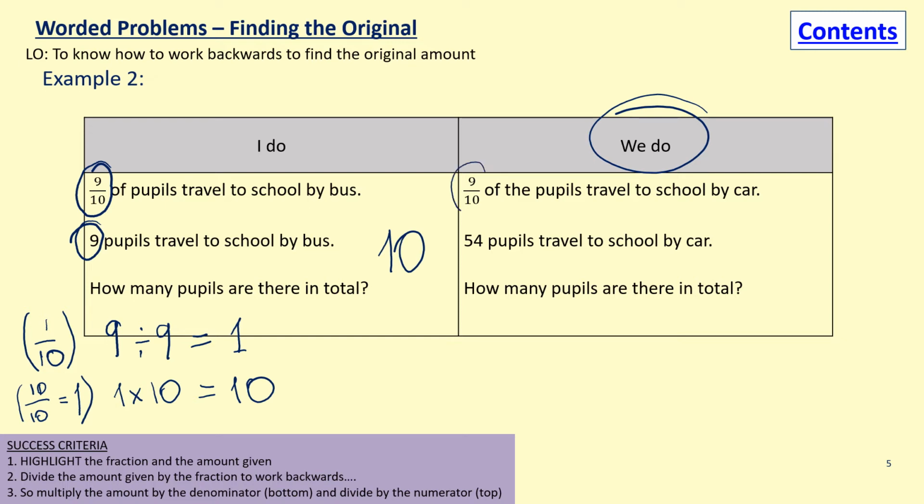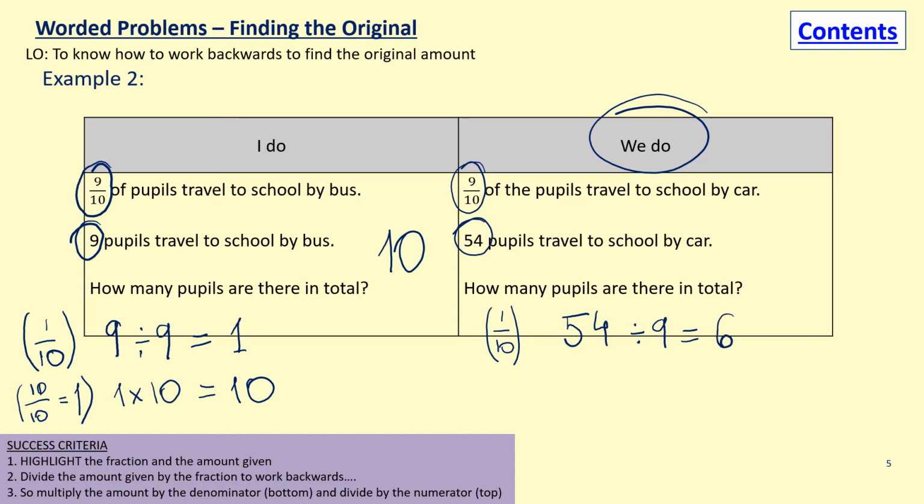Okay, so you've got 9/10, which is 54 students. So what I want to work out is 1/10, because I've got 9/10. So 54 divided by the numerator gives me 6.